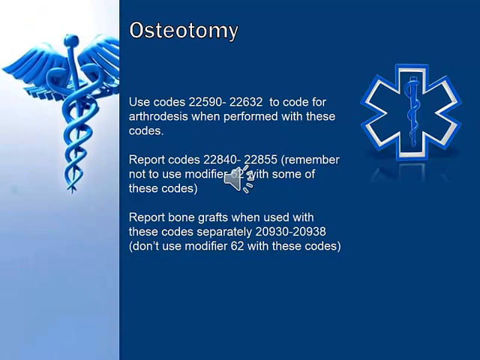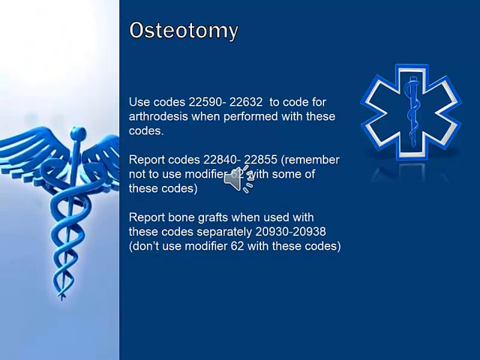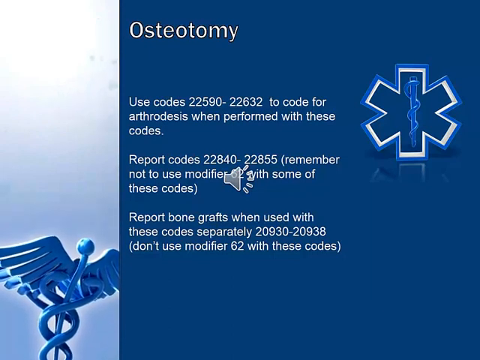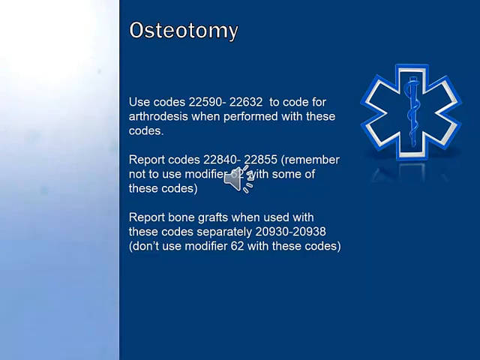Do not use modifier 62 with codes 22840 to 22855 as mentioned before. Refer back to your notes, okay, because it specifically tells you which codes to not use modifier 62 with.